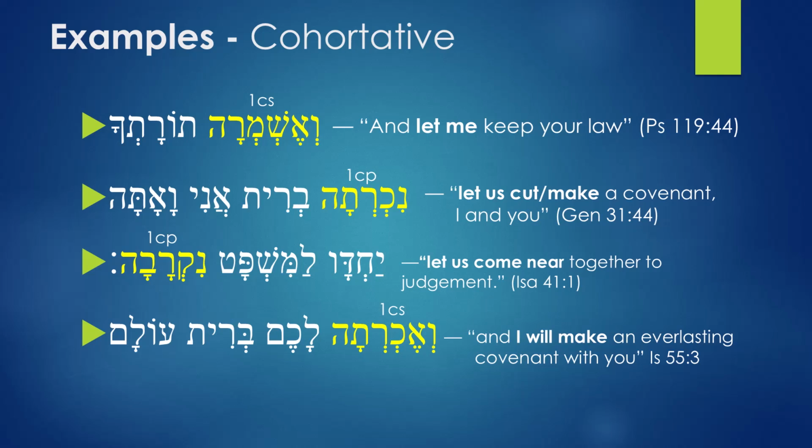And then you have berit. Berit means a covenant. Olam means eternal or everlasting. So together you're going to have, and I will make an everlasting covenant with you. That's how you're going to translate these examples.